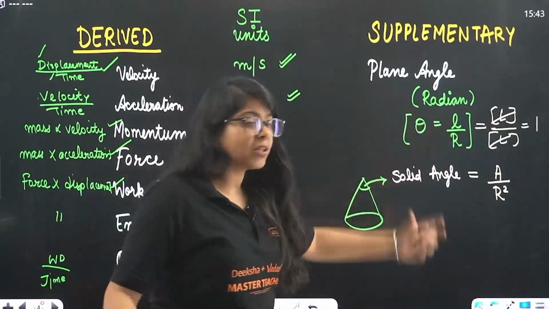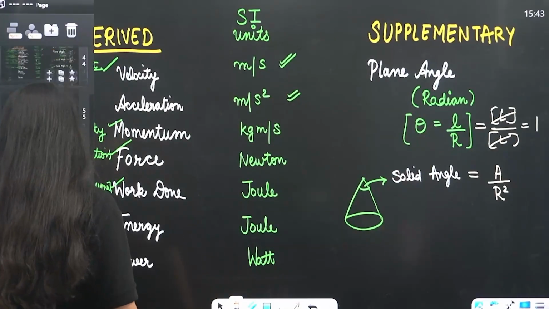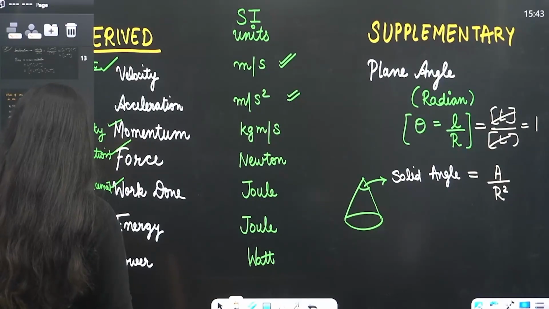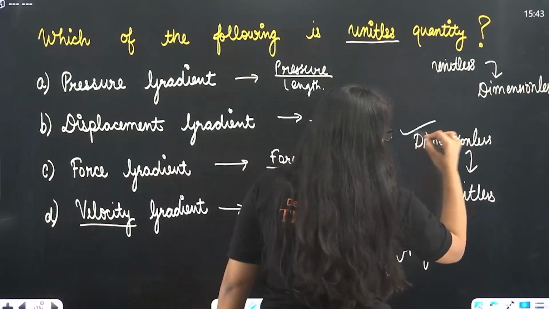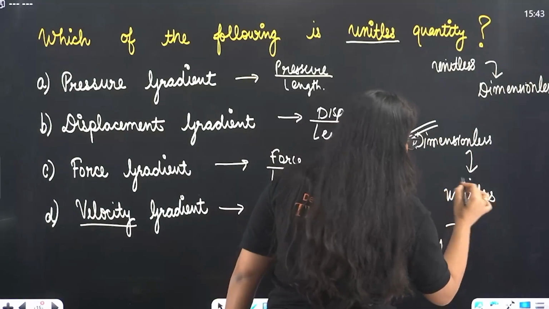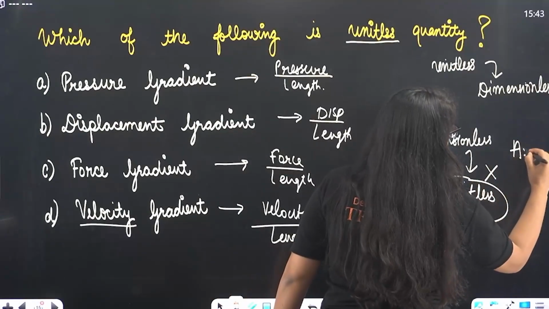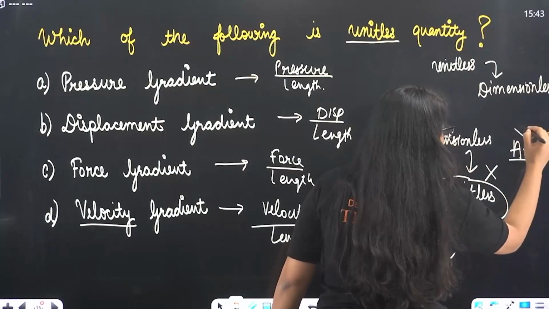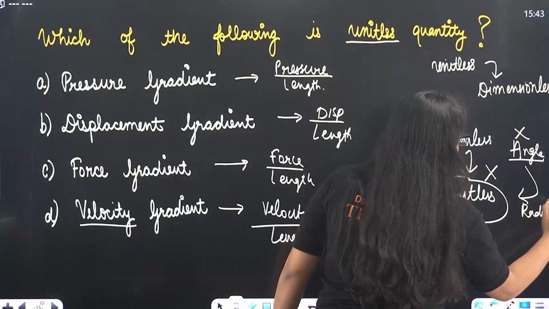It is dimensionless, but it has some unit. That means a quantity can have unit but not dimension. There can be dimensionless quantities, but that does not mean they are unitless. Your angle does not have a dimension, but it has a unit, that is radian, that is degree.